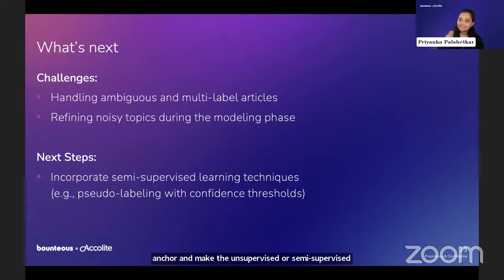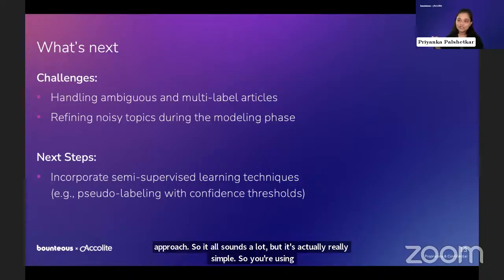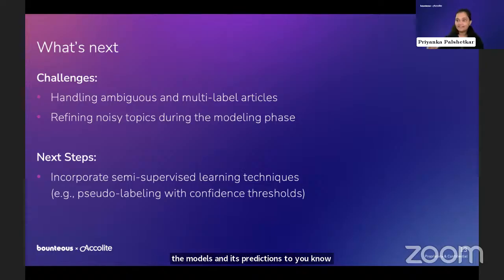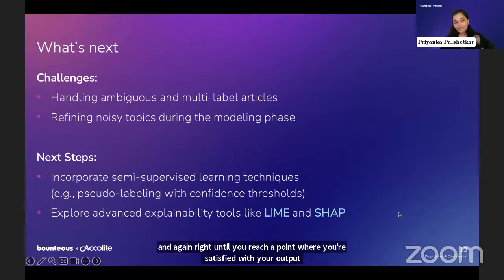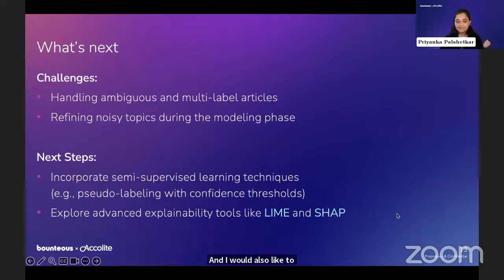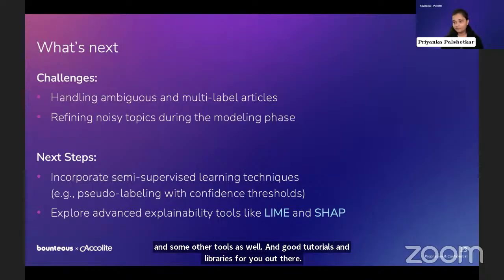You're using the model and its predictions to feed good quality data again and train it again and again and again, until you reach a point where you're satisfied with your output. And I would also like to explore advanced explainability tools. So I used word cloud, but there is LIME, SHAP, and some other tools as well, and good tutorials and libraries for you out there, which you can explore and play with the data with.